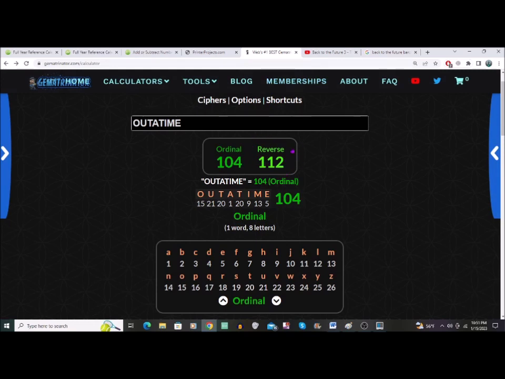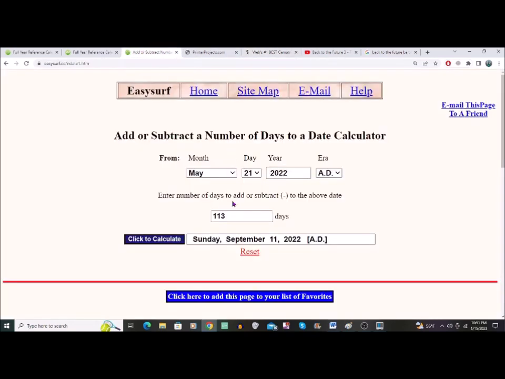So I'm doing this in reverse, and when we go back to this and put minus 112, we're at the 29th. That is super duper interesting.